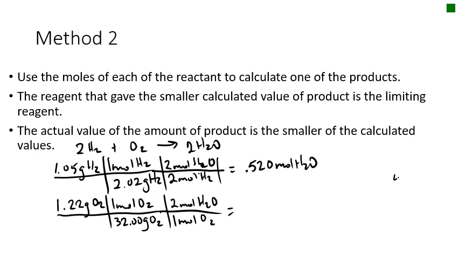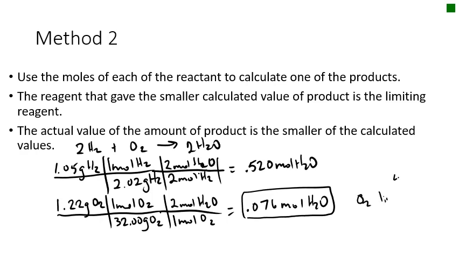And when I convert that, I would end up with 0.076 moles of H2O. Now, since the amount of moles of H2O coming from the oxygen is smaller than the amount coming from the hydrogen, I would know that O2 will be my limiting reactant.